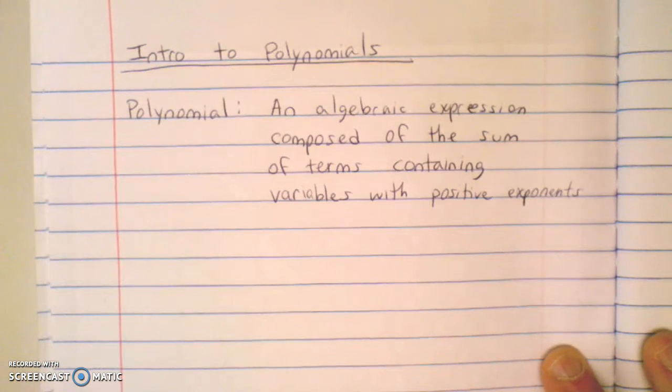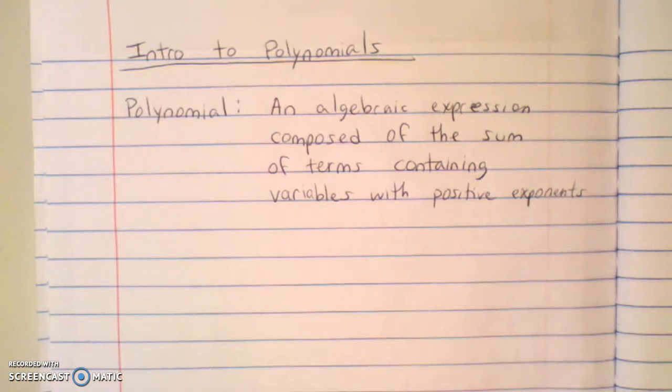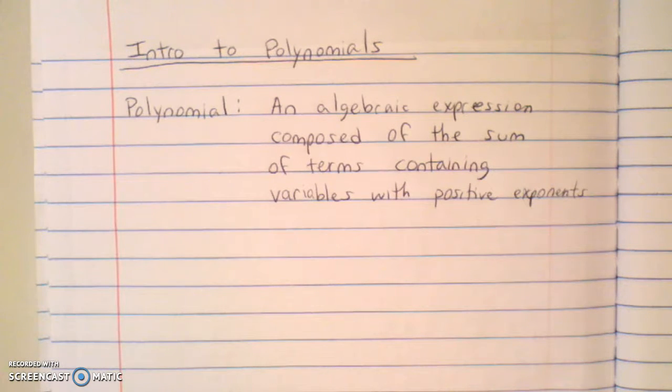So a polynomial is an algebraic expression composed of the sum of terms containing variables with positive exponents.